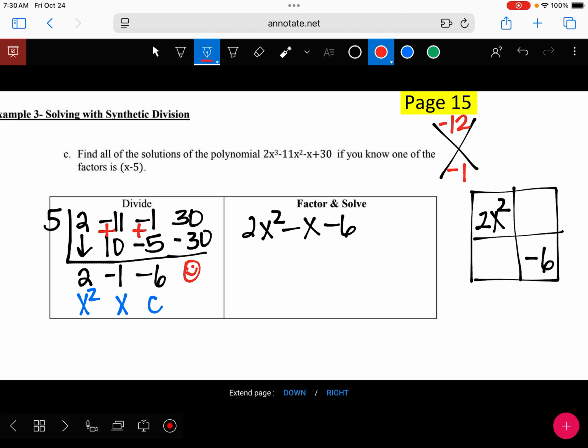Anybody know my numbers? Negative 4 and 3. I agree.